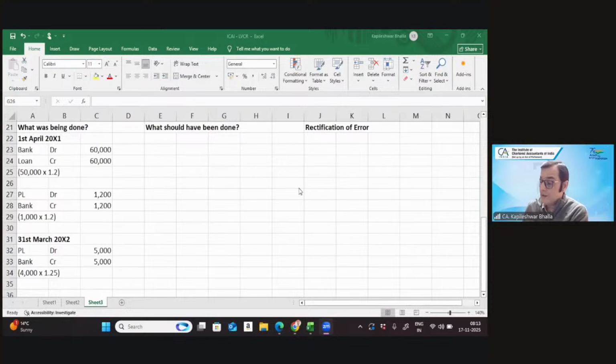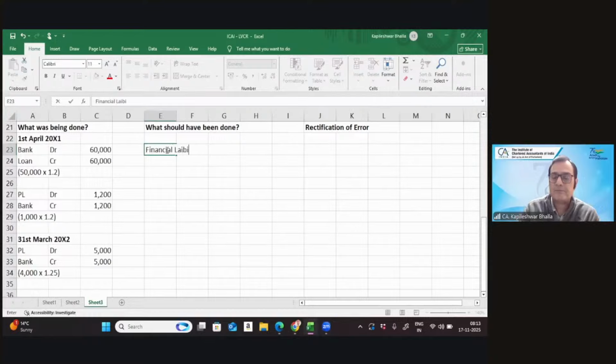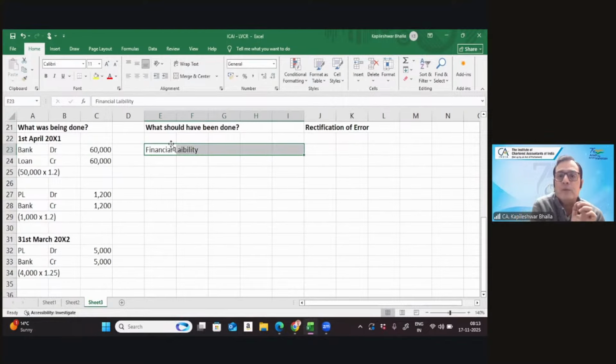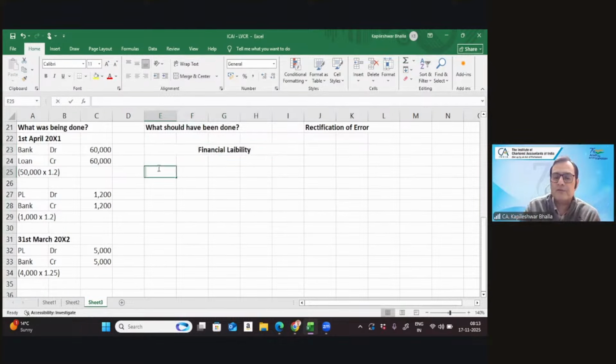So let's do one thing. We're going to first make the ledger of a financial liability. So we're going to make a ledger account for a financial liability, which will give us wonderful results to watch. Let's take a column for particulars and the amount as well. Then again, take a column for the particulars and the amount as well.